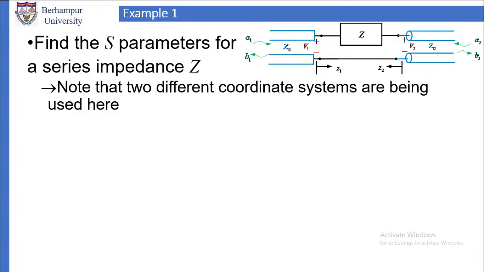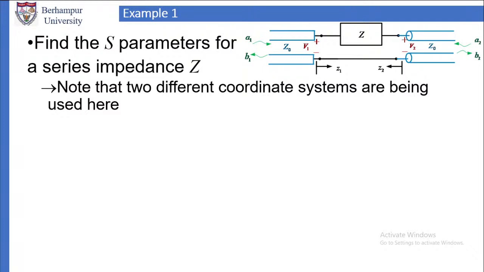For the right hand side, the coordinate system is giving you Z2, which is moving in the left direction. The positive direction is from right to left. For the left hand side, the positive direction is from left to right. So we have two different coordinate systems. Why? The reason is it will make the analysis simplified.